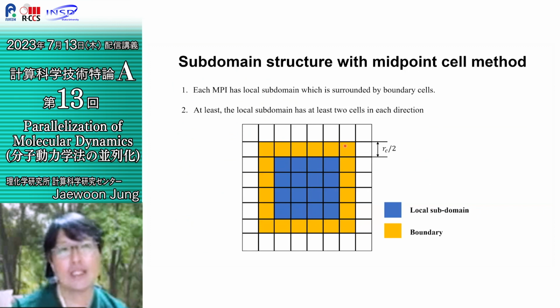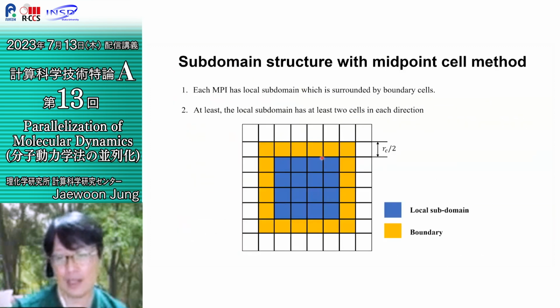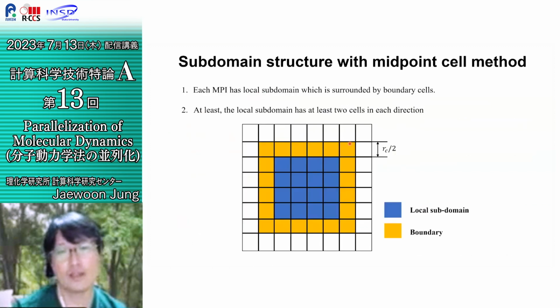So each processor has the data of this blue one. For example, this subdomain is this blue one, and the additional marginal region is this orange one. And they calculate all of the interactions.